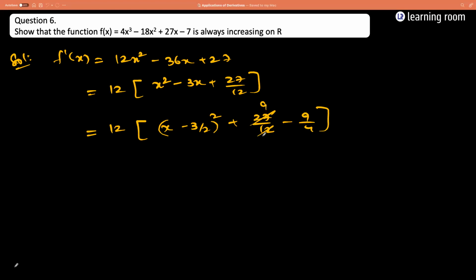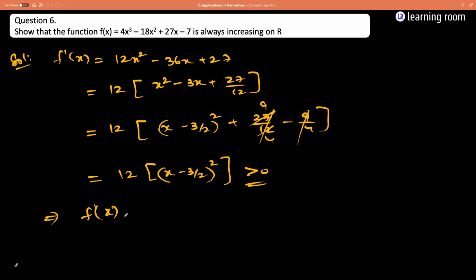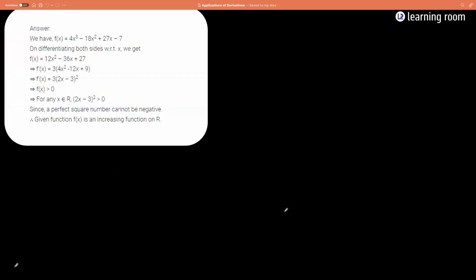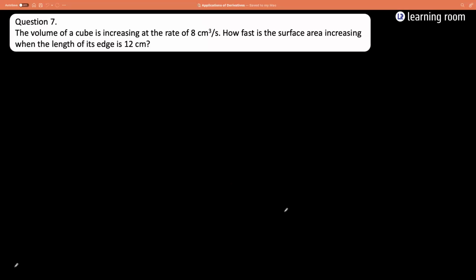So this is also 9 by 4 only, no? Both will get cancelled. So 12 into x minus 3 by 2 the whole square. So it is always greater than 0, which implies f of x is increasing on R. Clear? Right, same problem.